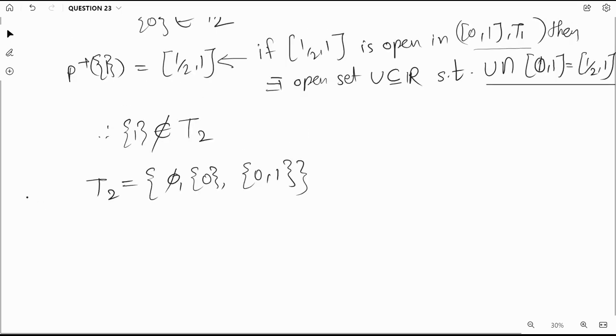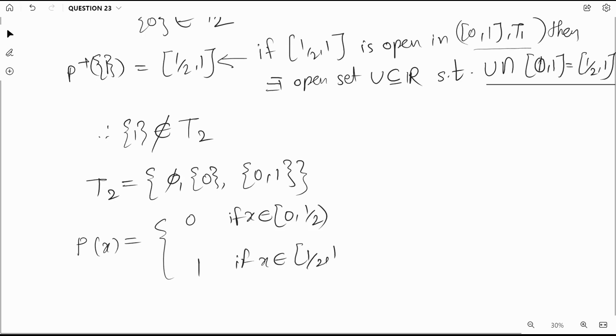Now let's write the definition of P again. It is 0 if x belongs to [0, 1/2), and it is 1 if x belongs to [1/2, 1]. So what is P of [0, 1/4]?